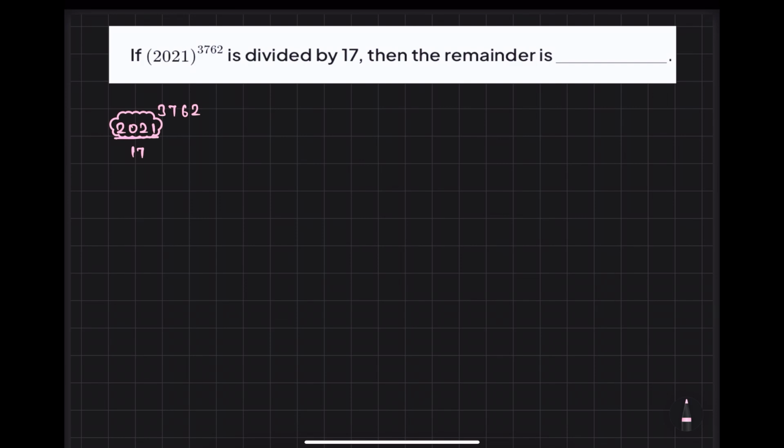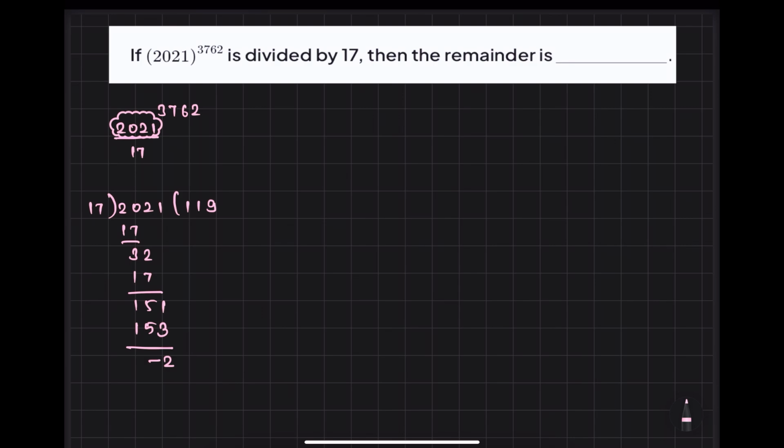So look at this, how we will proceed. 2021 divided by 17, so it is 17 3s, and you know that it is 17 again, so we will have 15. 17 9 times is 153, so we got -2.